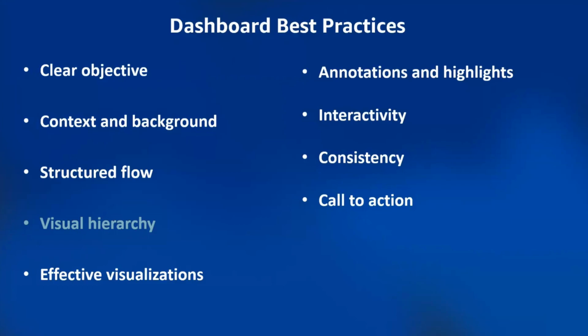Use visual cues like size, color, and placement to create a hierarchy that guides the audience's attention to the most important information first, followed by more detailed information toward the bottom.